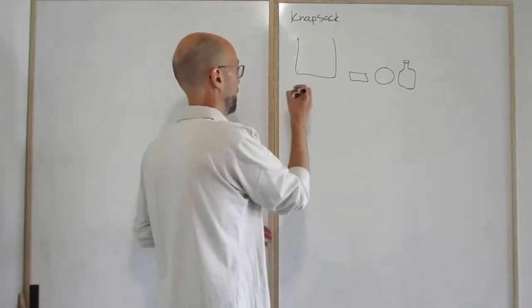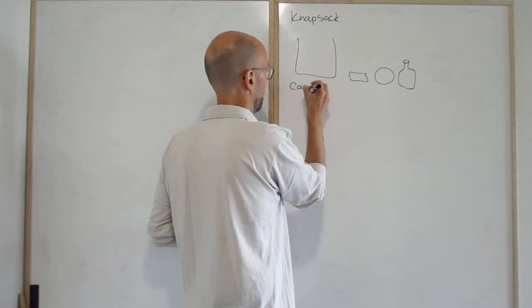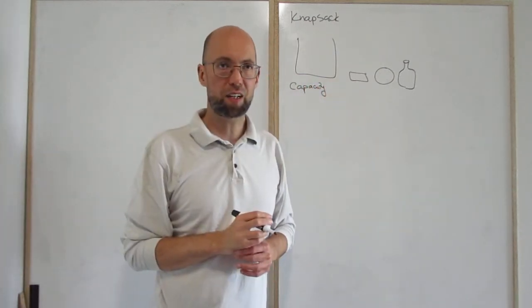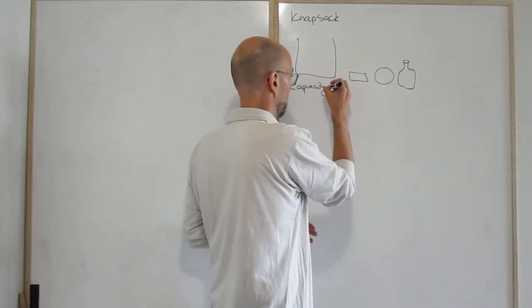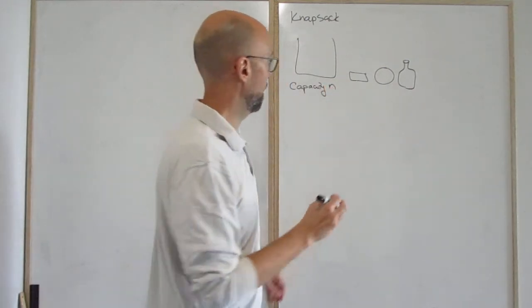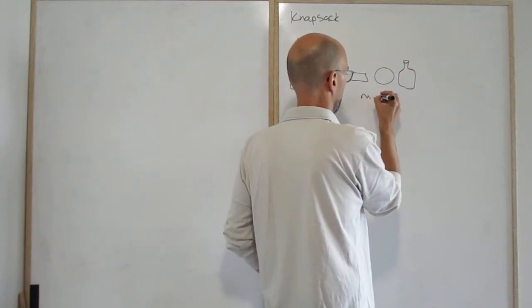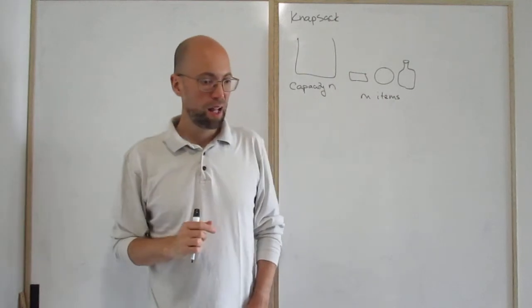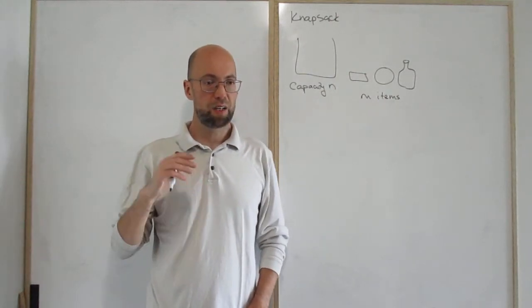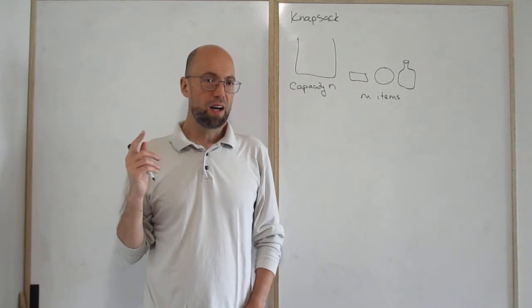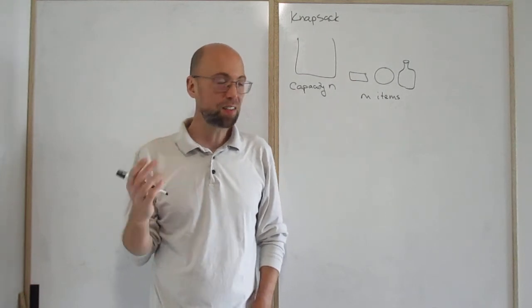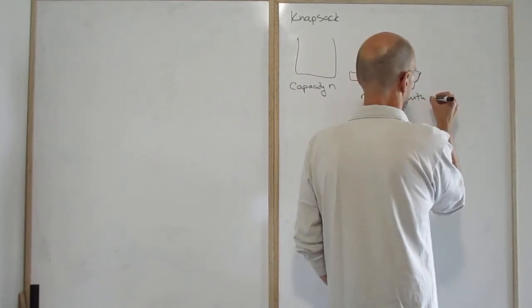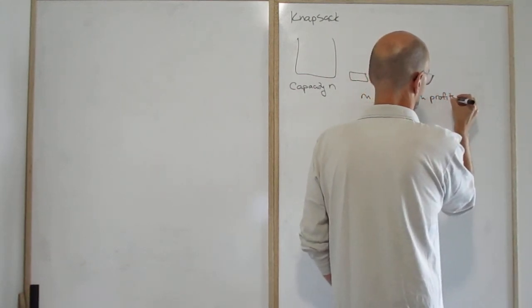The knapsack has capacity C. Let's say the knapsack has capacity N, just for consistency. And we have M items. We're going to do basically the same thing with profits and weights.